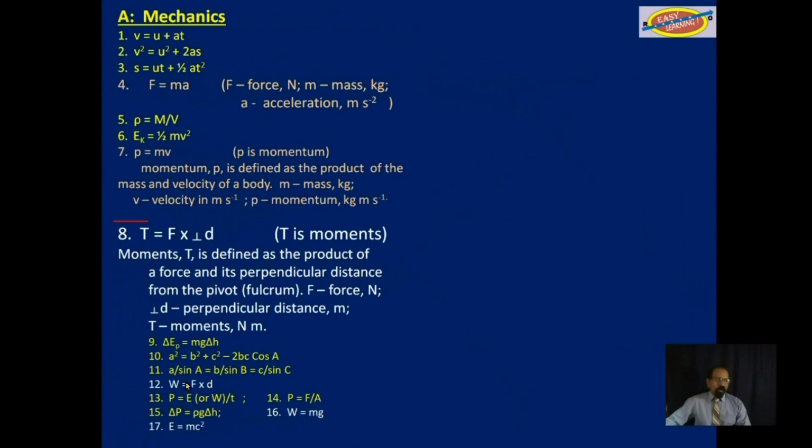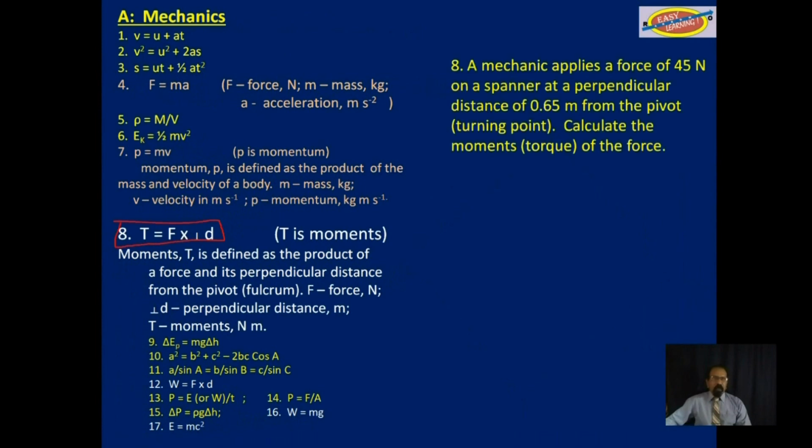Let's look at another example of moments. Similar to the one we just looked at, a mechanic applies a force of 45 newtons on a spanner at a perpendicular distance of 0.65 meter from the pivot or the turning point. Calculate the moments, which is sometimes called the torque, the turning effect of the force.